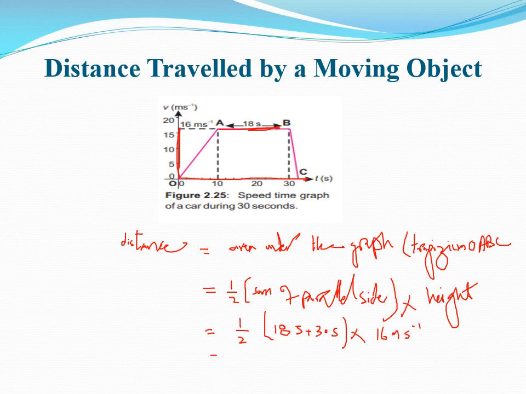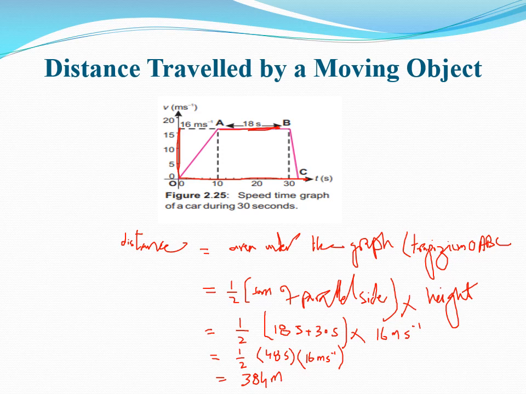So if you simplify and calculate the values, you would get 1 by 2 times 48 seconds multiplied by 16 meter per second, and finally upon simplification we have 384 meters.